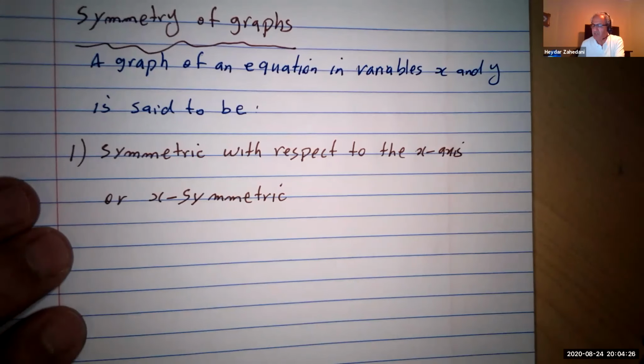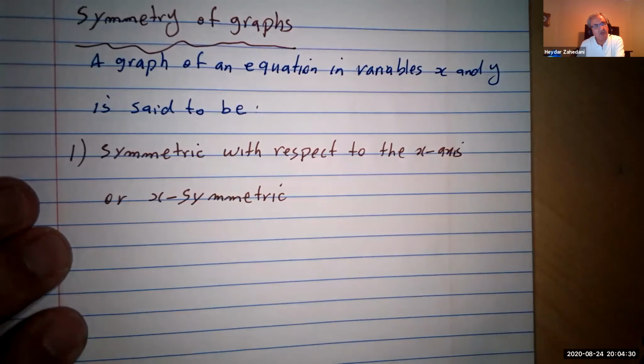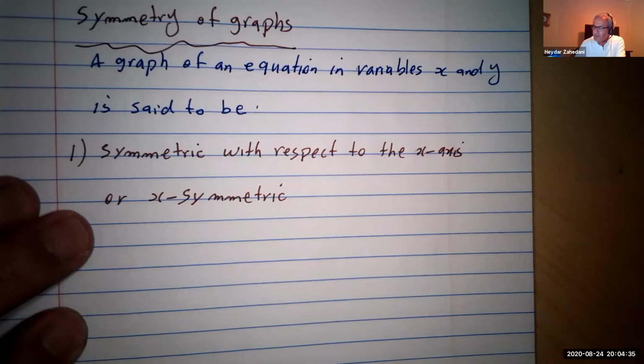Okay, remember, the mirror is on the x. If the mirror is on the x-axis, you go up and down, you are going to be in the same place. So this is going to be the case.